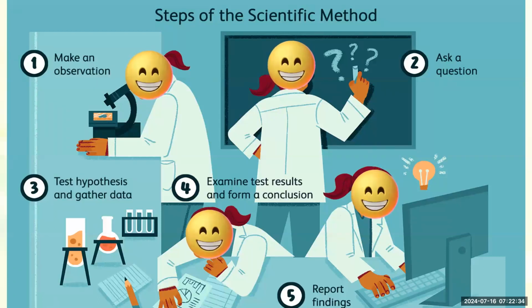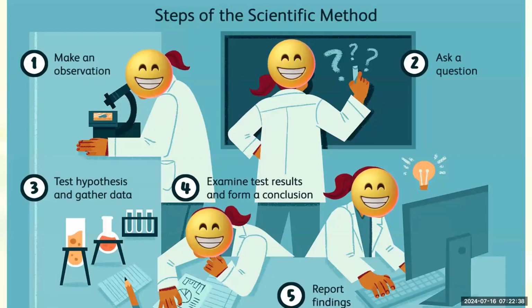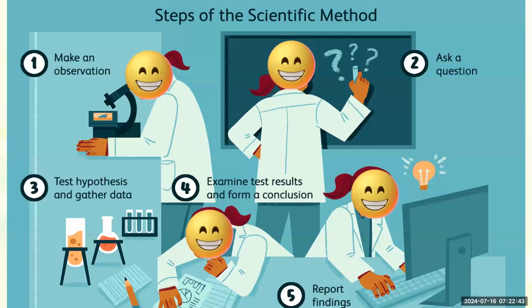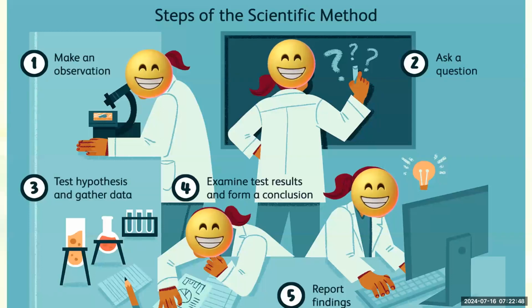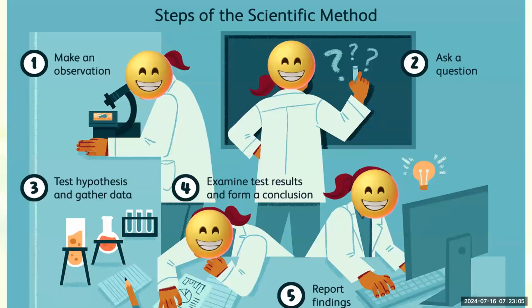It doesn't matter whether it is from your school, your classroom, or the biggest universities like Oxford, Cambridge, Harvard, the same method is practiced. So when we have a scientific question, we make an observation and then we ask a question. So we write a question, we write a hypothesis. That means an assumption.